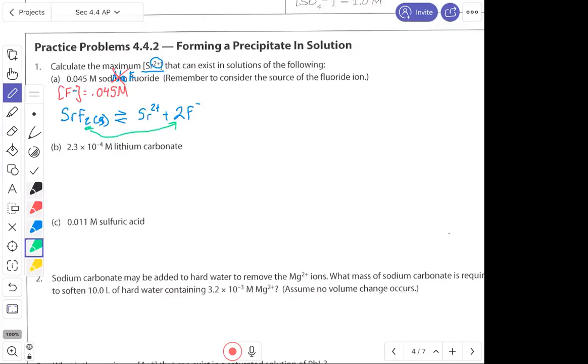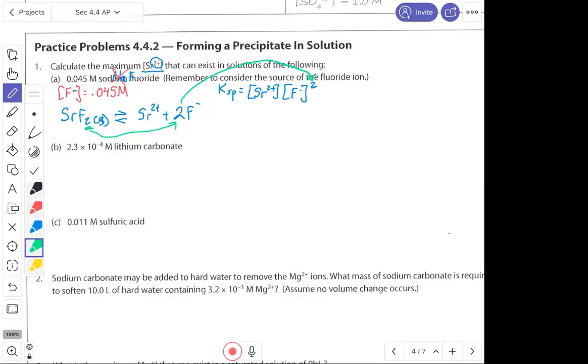My next step was to write the Ksp expression, and again, remembering that that 2 now becomes that 2. And then it's basically plug in the information and solve for the strontium.